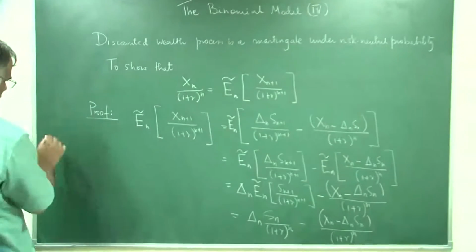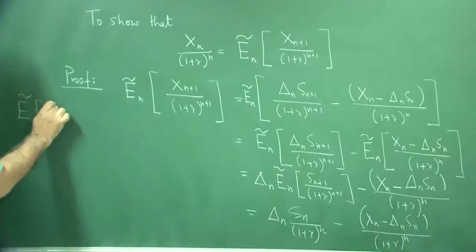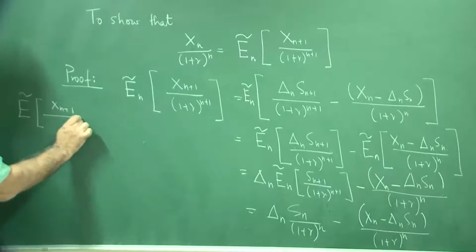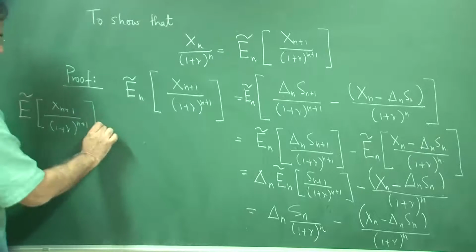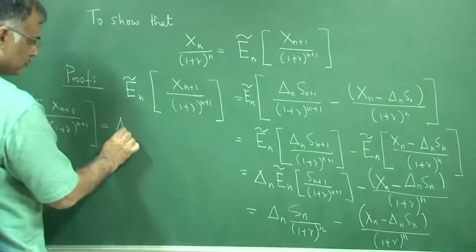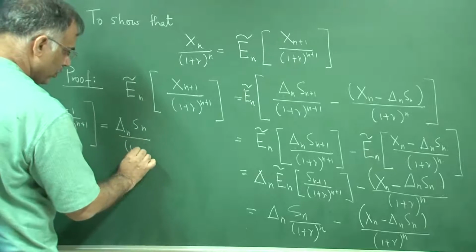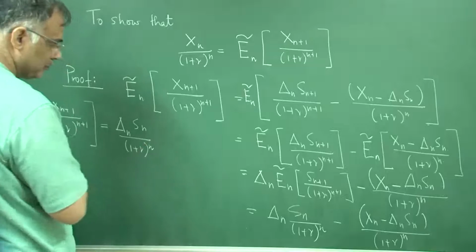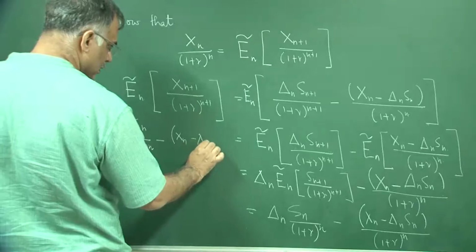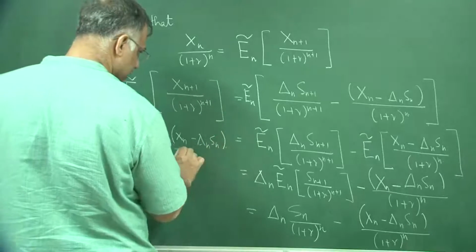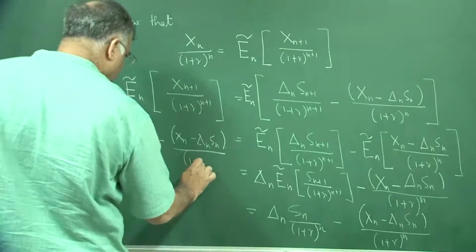So, what I have now got is E tilde of Xn plus 1 by 1 plus r to the power n plus 1 is equal to delta n Sn by 1 plus r to the power n minus Xn minus delta n Sn by 1 plus r to the power n.